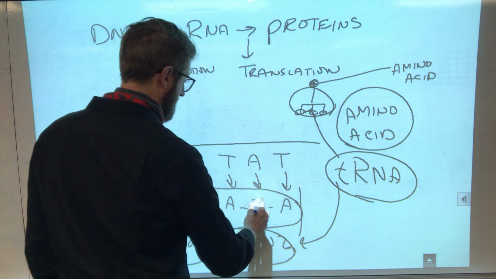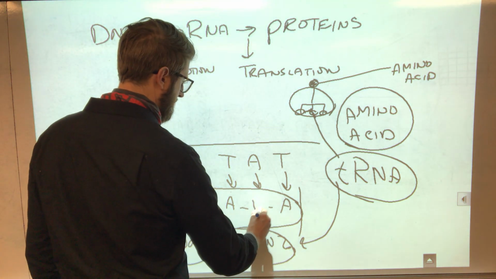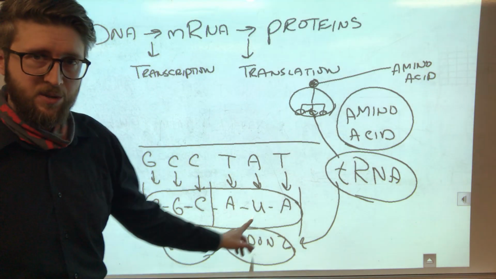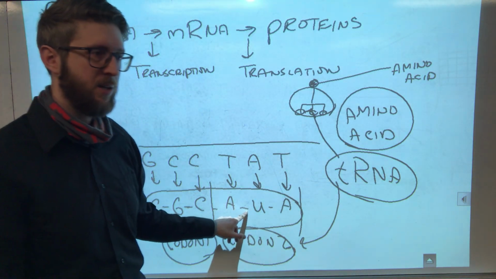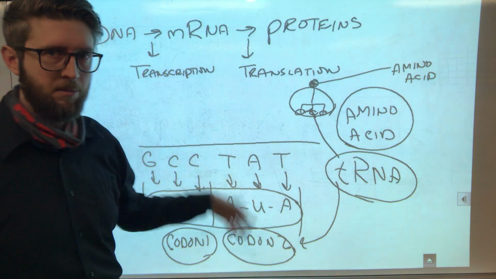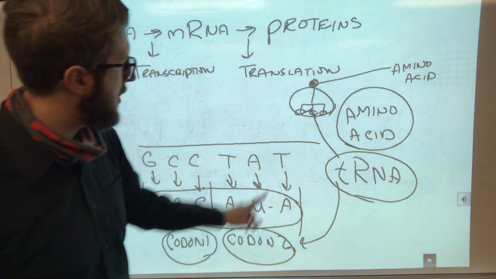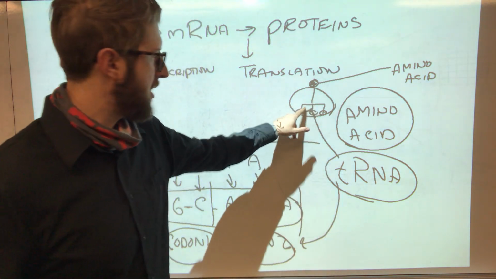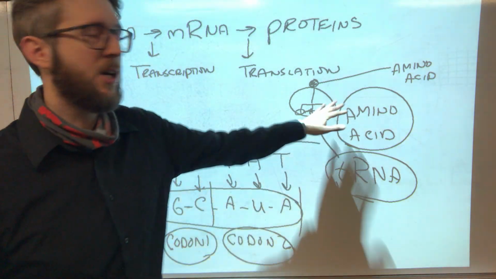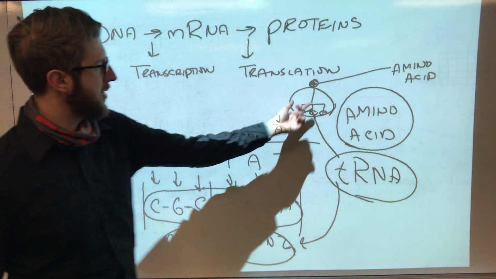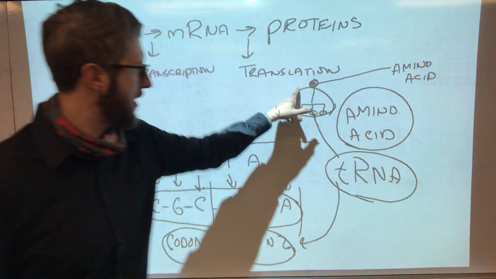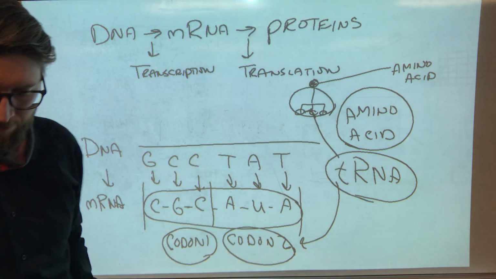Oops, I just realized that I put a T instead of a U. Remember, there is no T in mRNA. In RNA, there's a U instead. I was going too fast, I'm sorry. But that little guy is tRNA, that's who you need to know. And he's helping to build the protein because he's the one that actually delivers the amino acids you need to make the protein.